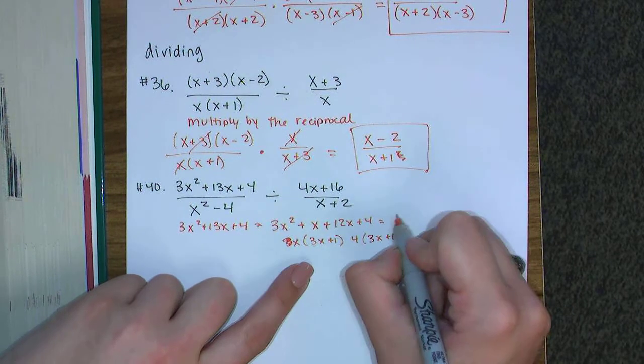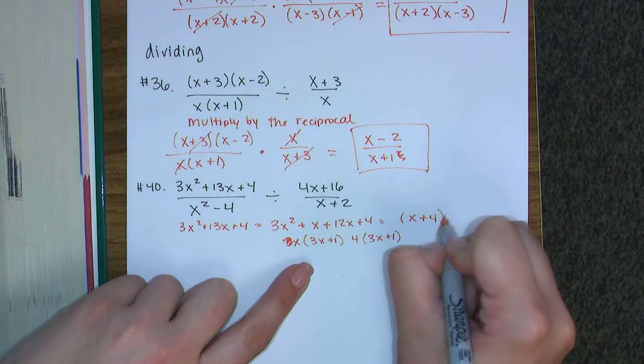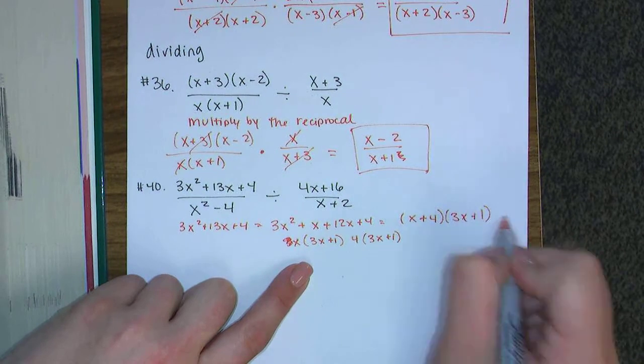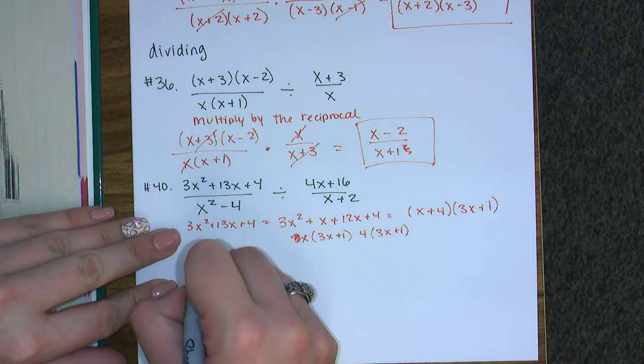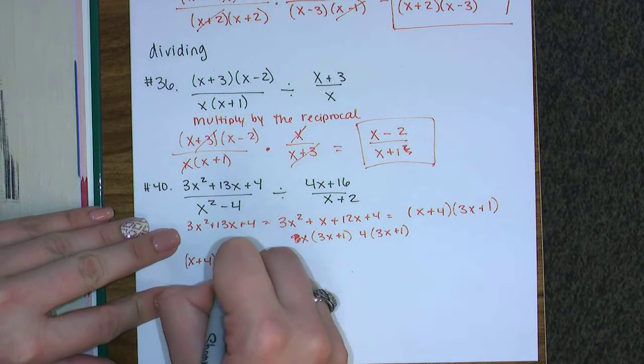So this is x plus 4 times 3x plus 1. So I can rewrite the top as that: x plus 4, 3x plus 1.